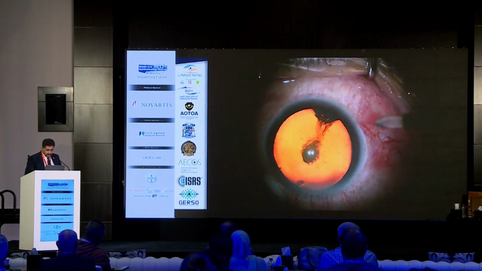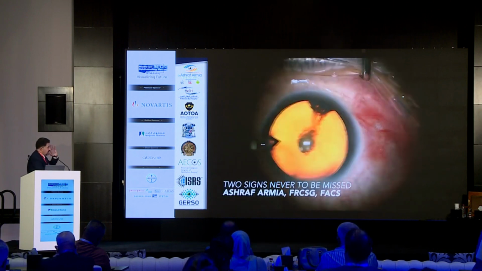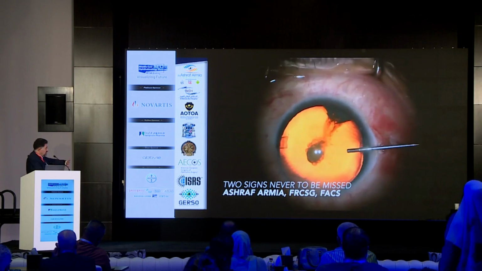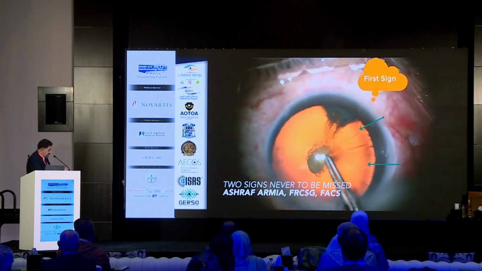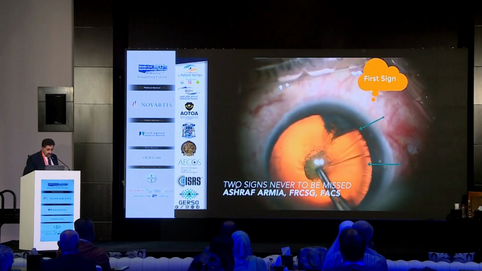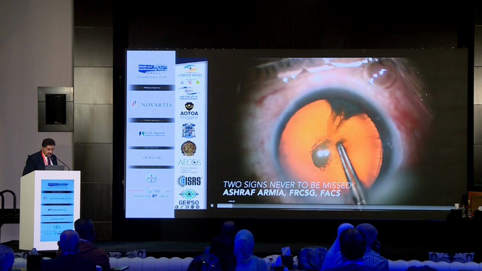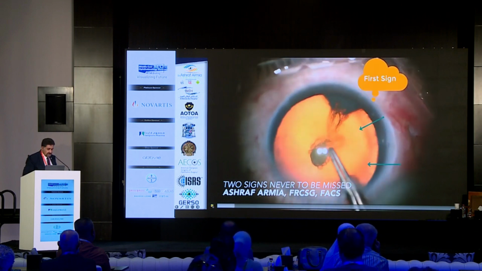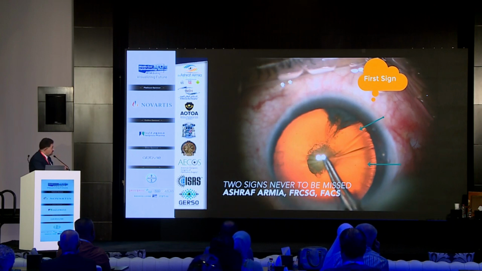So, let's start. I'm doing the paracentesis as normal, injecting viscocohesive OVD, opening the anterior chamber, and, see, very important to look for this. This is a very important sign. You don't miss it.